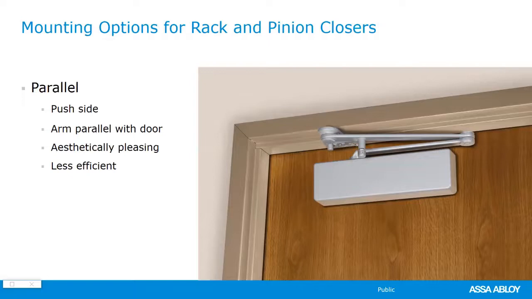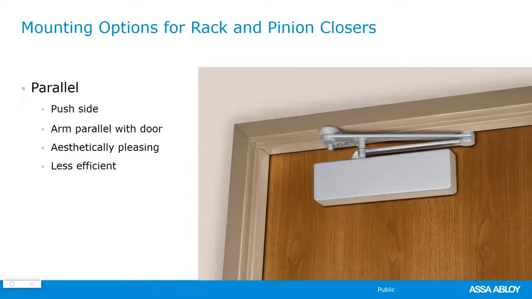So again, parallel, really aesthetic, can be an issue closing a big heavy door, especially if we have an unbalanced HVAC system. We've got stack pressure, fire, smoke seal, some type of weather stripping, gasketing, something like that. Sometimes parallel just doesn't have the strength to close the door.